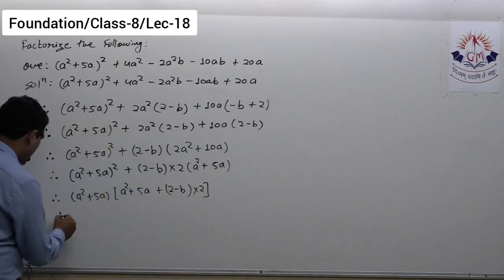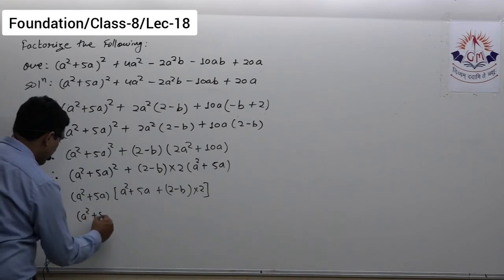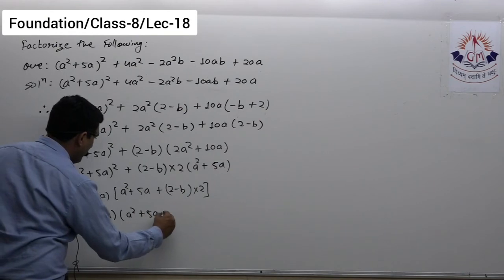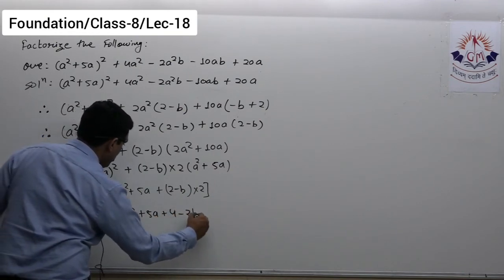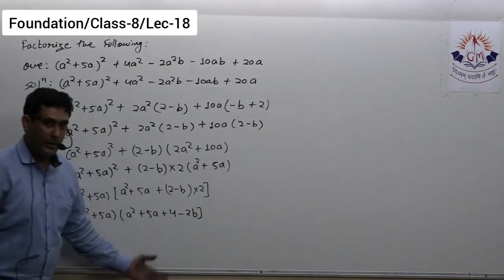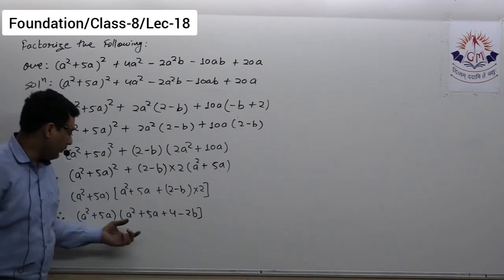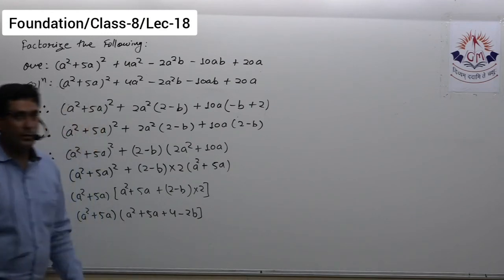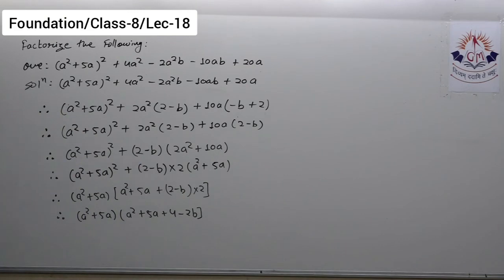And finally, when I multiply this 2 with this, I will get a square plus 5a plus 4 minus 2b. Okay, so this is one more way, and I hope you can see that these two factors, what we got here and what we got in the previous method, both are the same. So please note it down, then we'll see the next question.